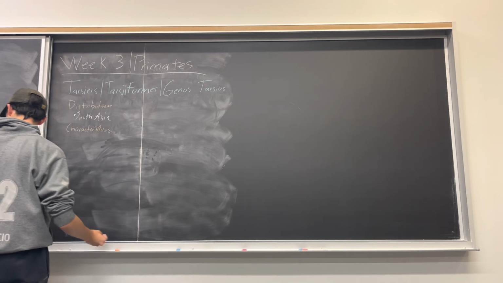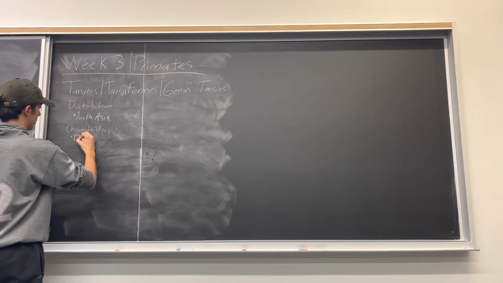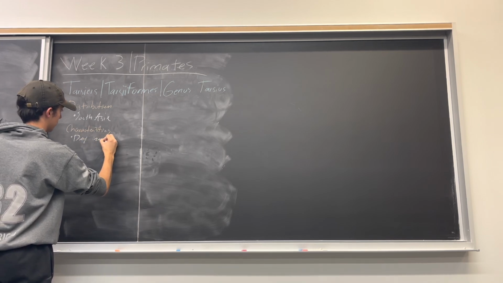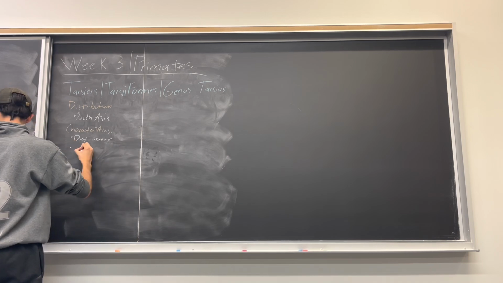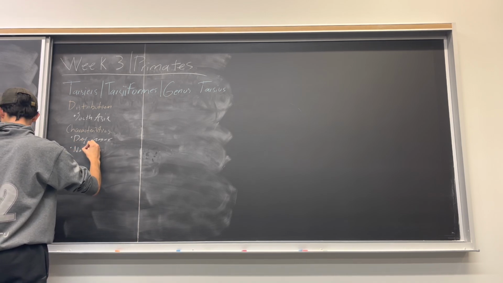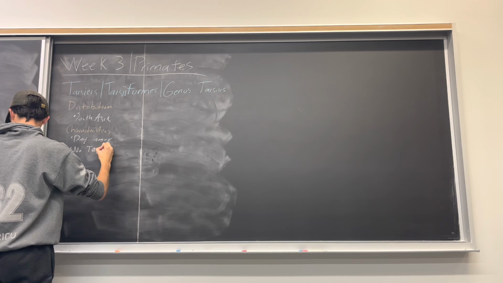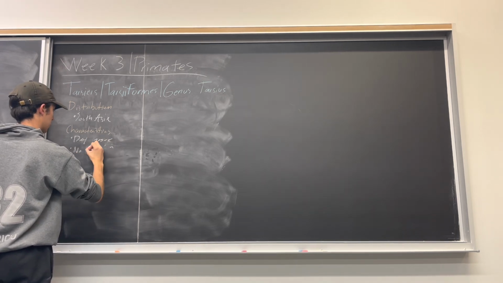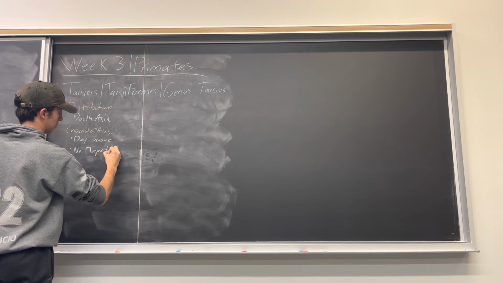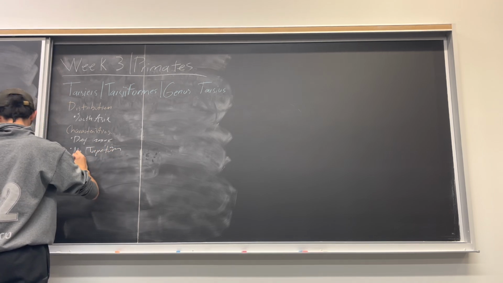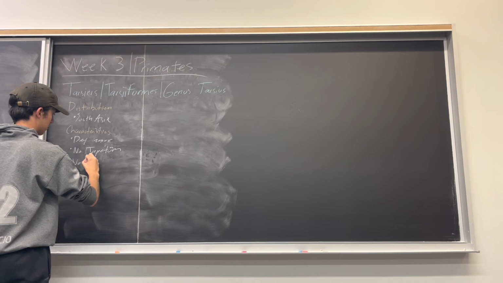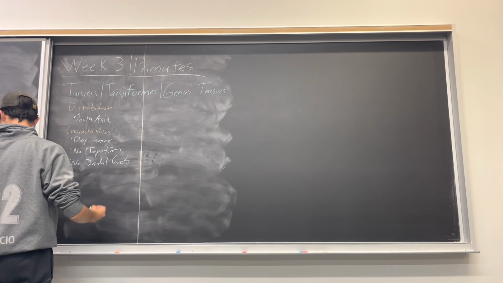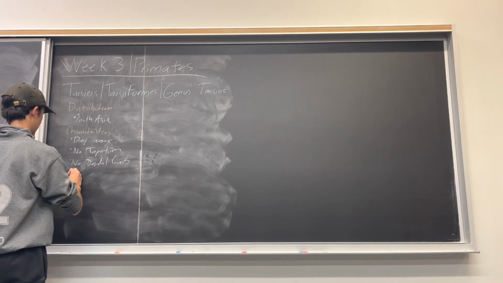Some characteristics, such as, well, you know, rhinos. No tapetum. No dental comb. Post-orbital plate.